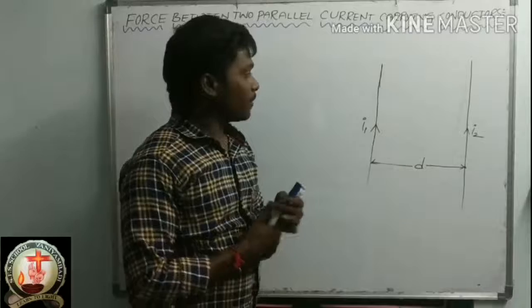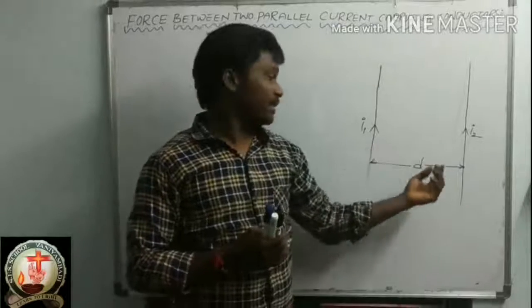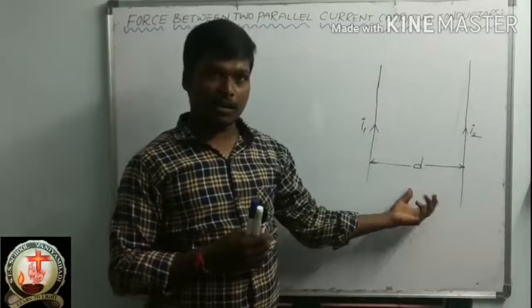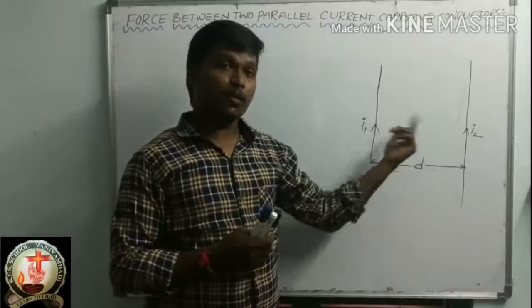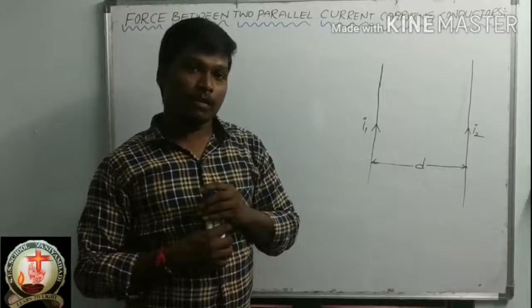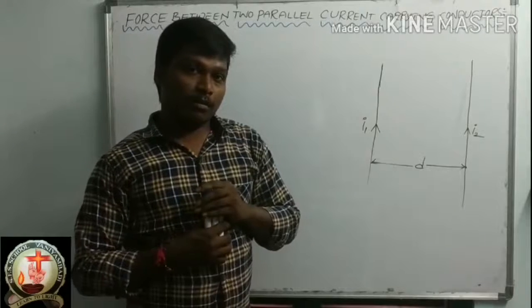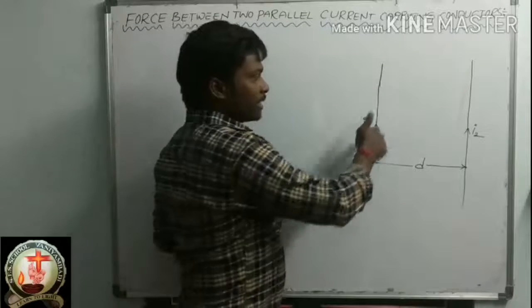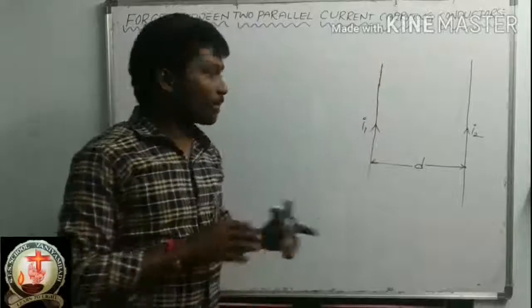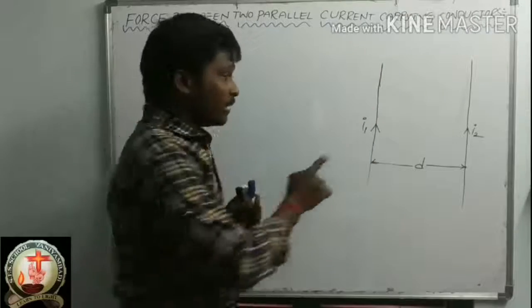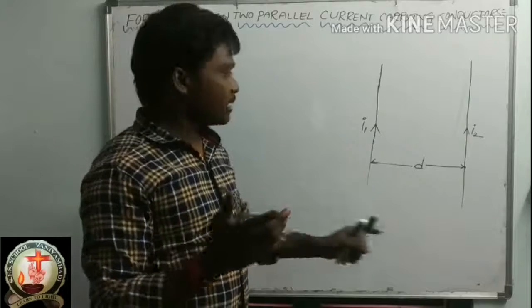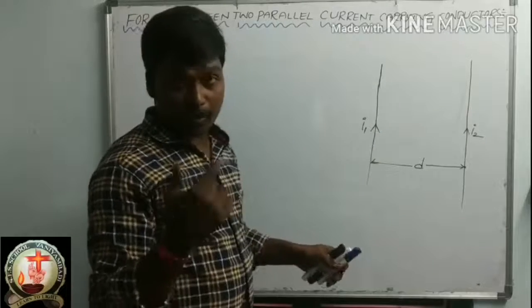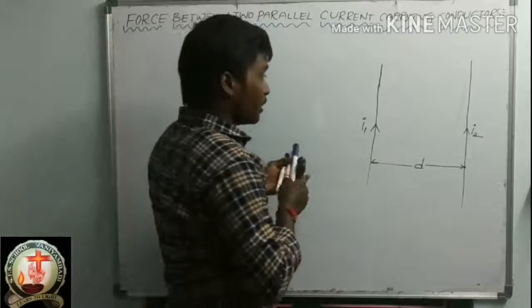Now, coming to today's class, let us consider two conductors. The distance between the two conductors is small d, and the direction of the currents in these two conductors is the same. This is a current carrying conductor, and this is a current carrying conductor. This current carrying conductor will produce a magnetic field, right? Now I am denoting that magnetic field.